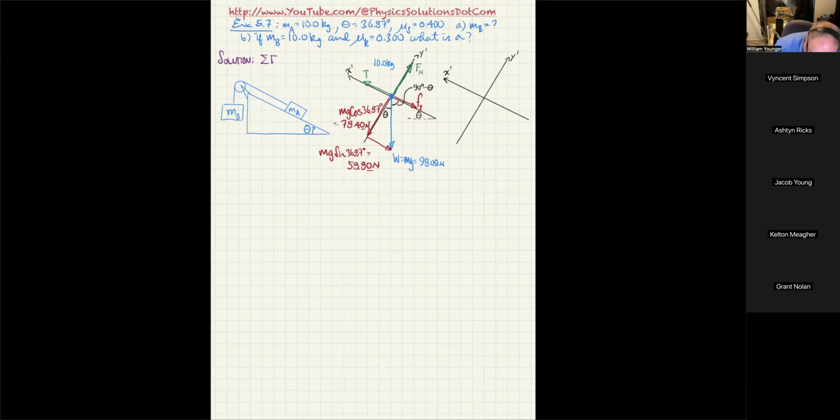And this diagram that I just finished is basically for when M sub A goes up the incline.